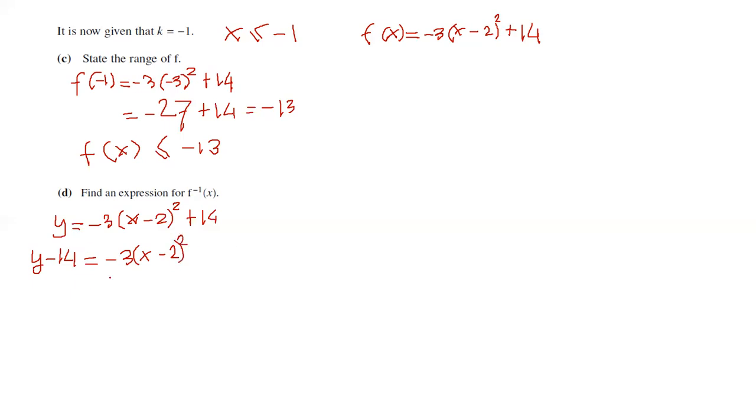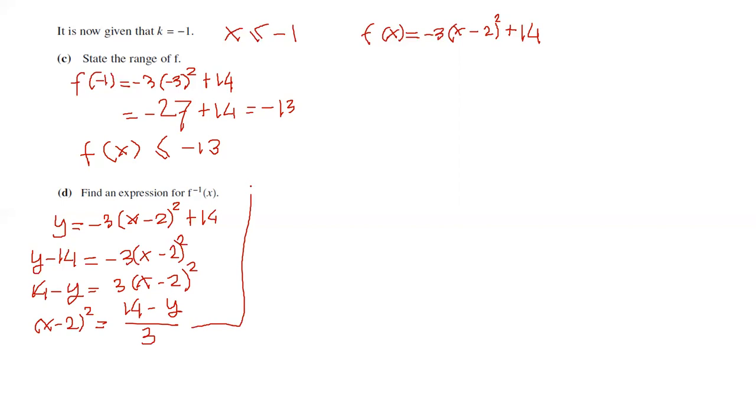Now if I multiply by negative 1, this term and this term, it becomes 14 minus y equals 3 times (x minus 2) squared, or (x minus 2) squared equals (14 minus y) over 3, like this.